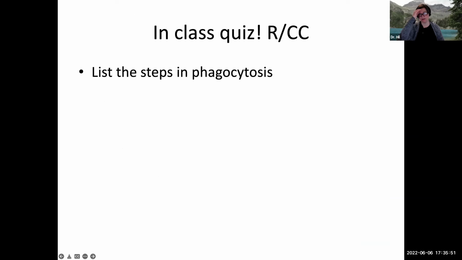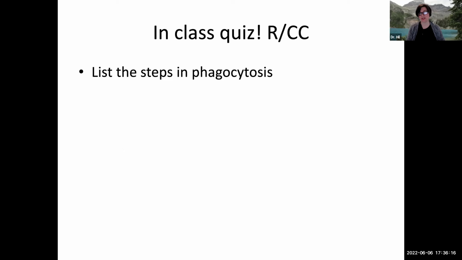Okay, now phagocytosis, whichever one of those 3 is doing it, follows a series of steps. So what are those steps? What I'm going to have you do, don't put anything in the chat yet, just think about it. How would you describe the process of phagocytosis from beginning to end? I'm going to cold call people. And what I'm going to ask you is, what happens first?